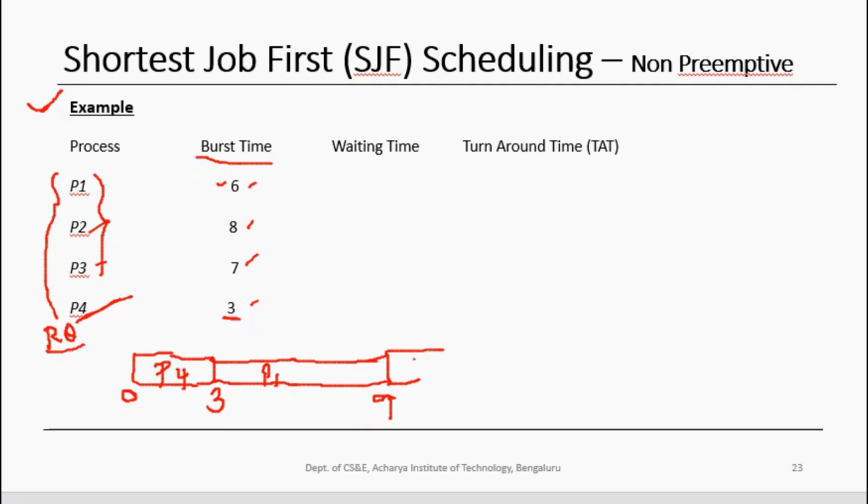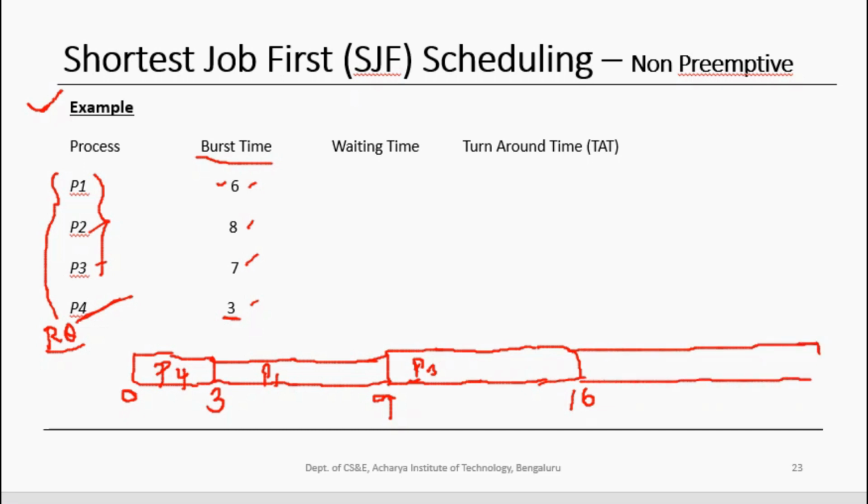So therefore P3 is selected for running, or P3 is given CPU, and since it is a non-preemptive scheduling algorithm, P3 would complete its CPU burst. So that means it is going to complete after 16 time units. Then P2 is given CPU and P2 is going to complete after 24 time units.